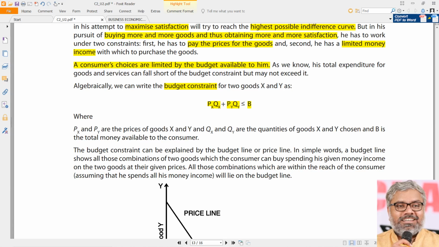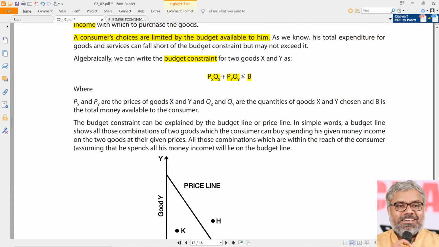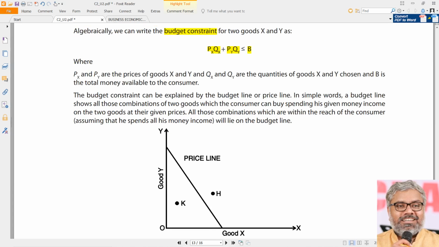But ultimately, the total of PxQx plus PyQy cannot exceed your budget. That is less than or equal to your budget. That is the main constraint we are talking about for any person spending money in the market. We call them a consumer. That's what you can write algebraically.